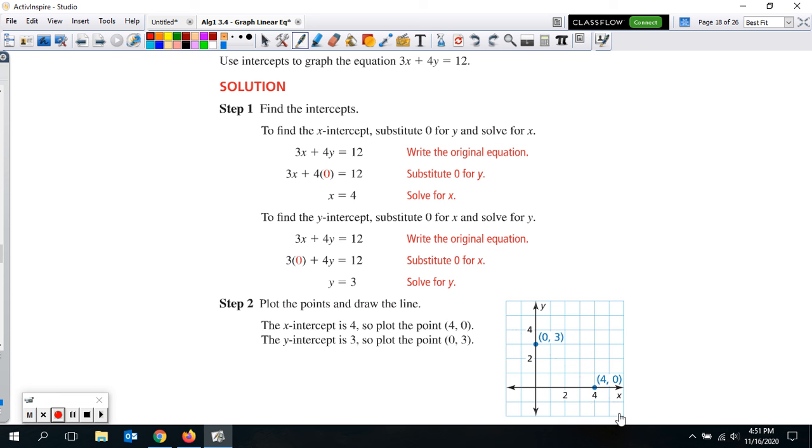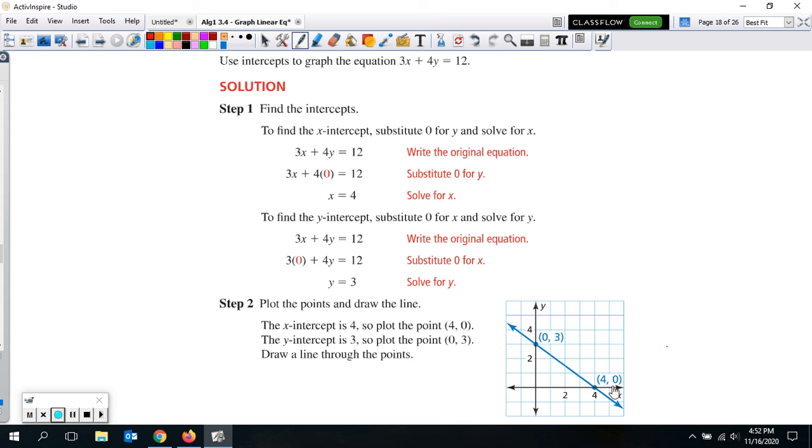You can now just draw a straight line through those 2 points. You're going to notice here when I click this, it's not going to just connect the dots. It's not enough to connect the dots. You have to actually have a line that's going to go through it. So you can see the line goes all the way through, and notice at the ends of this window, this is only a little window of a coordinate plane, because it's an infinite coordinate plane.